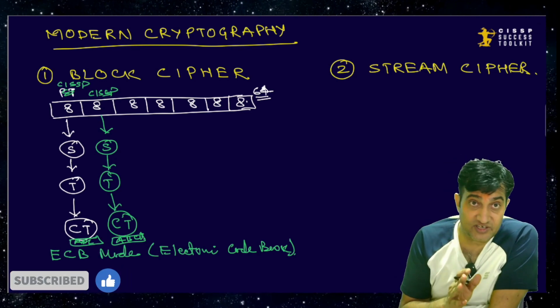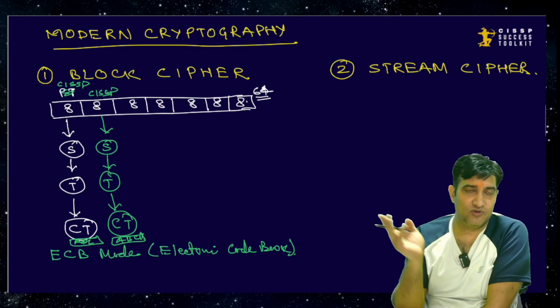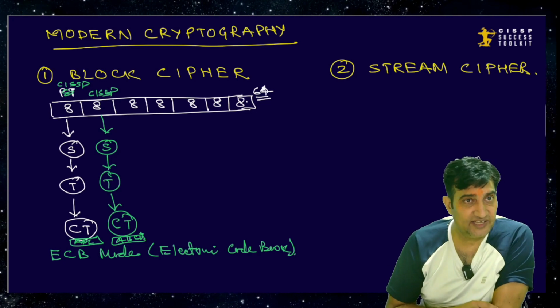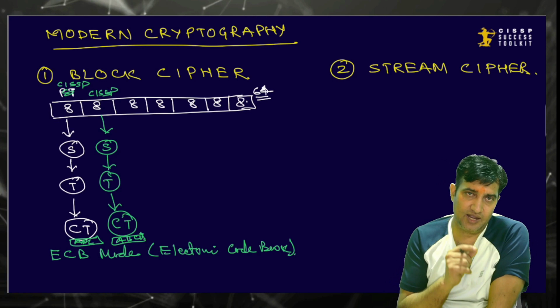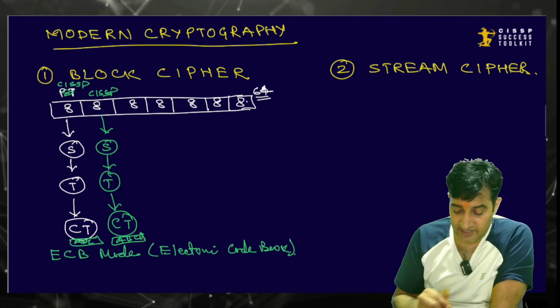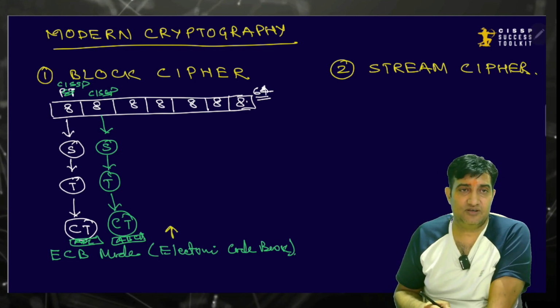It is super efficient obviously because there is no complication. It is just going through the normal process, no more complexity, no more processing. It is very fast, but we will use it for very small messages where the secrecy required is not very high.